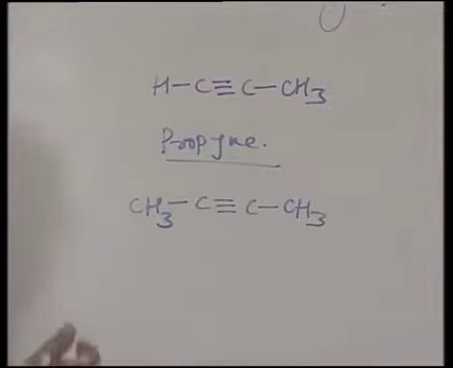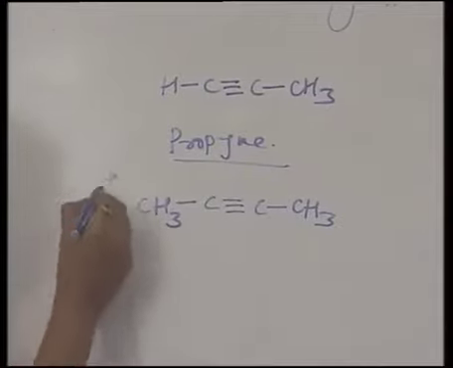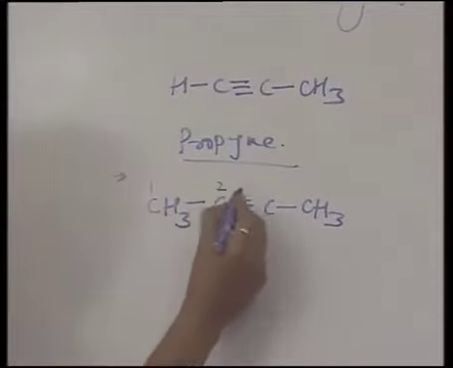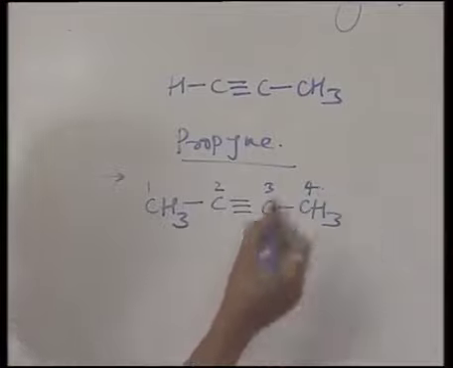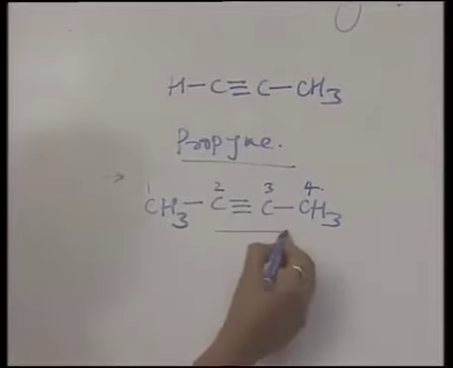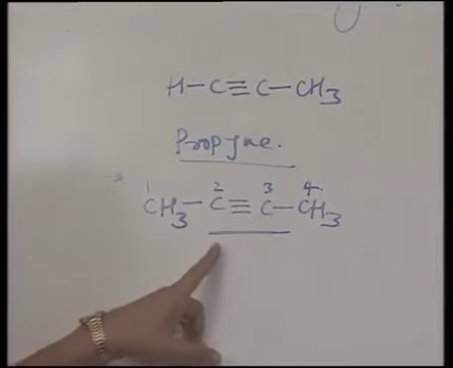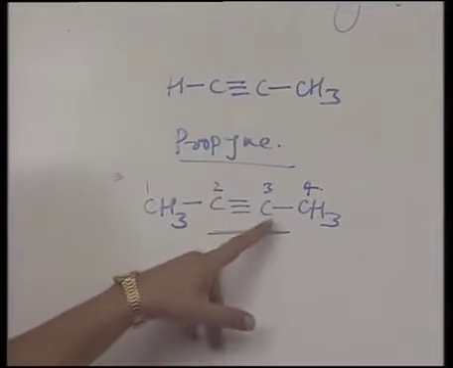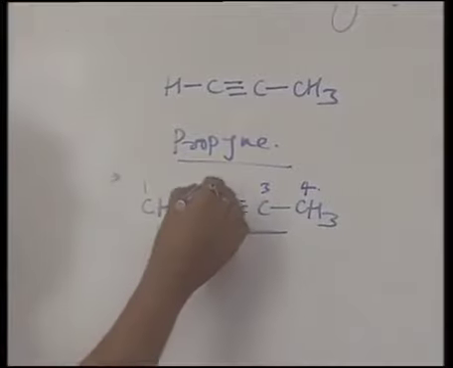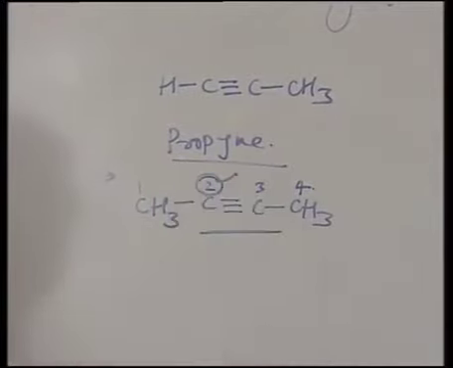So we can start numbering from any side, 1, 2, 3 and 4. Now just see this carbon atom which contains 2 and 3 numbers. As you know, between these two numbers we have to choose the least number, that is 2.